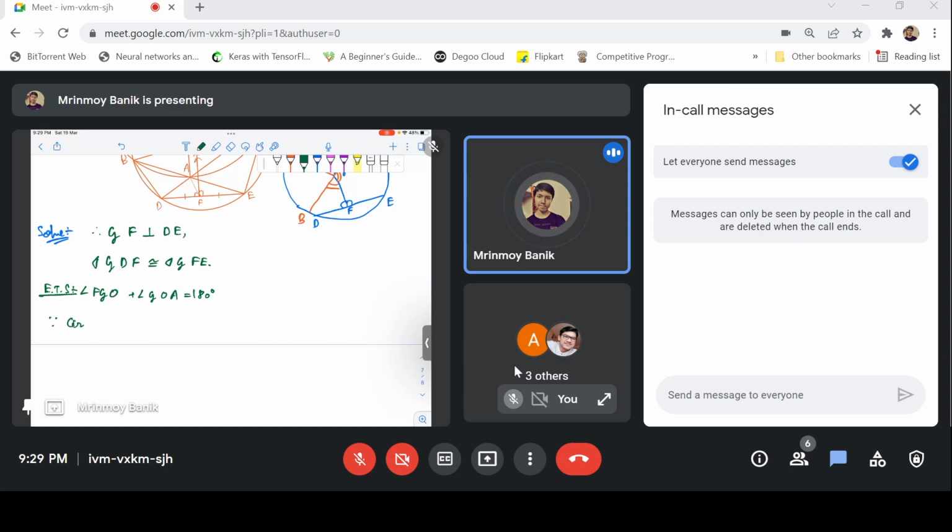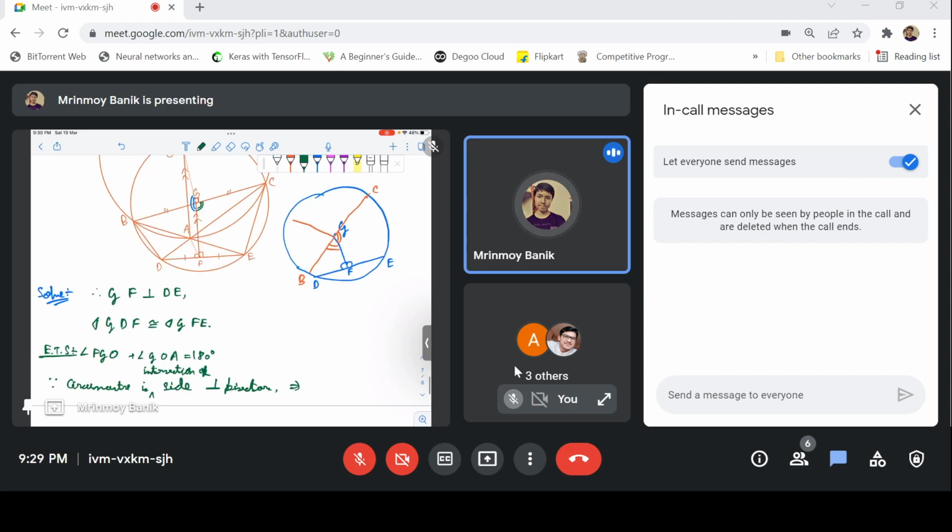Since the circumcenter is the intersection of the side perpendicular bisectors, this implies GO is perpendicular to BC.